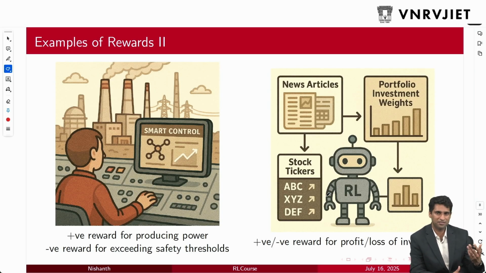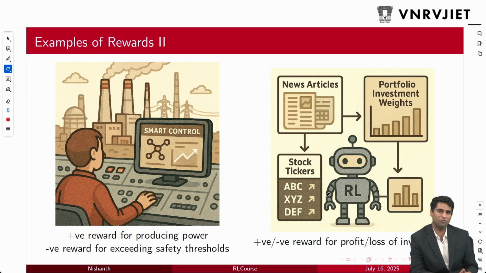Now, here are some more examples. Let's say we have a power plant, a thermal power plant or a solar power plant, and we want to maximize the energy that is generated by this power plant.